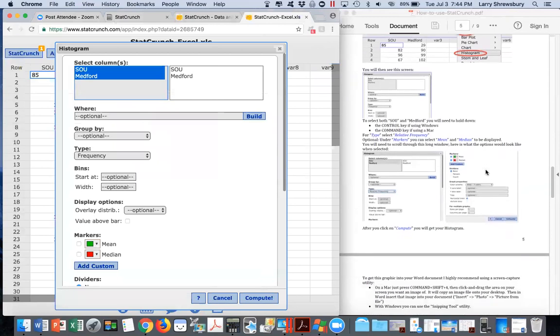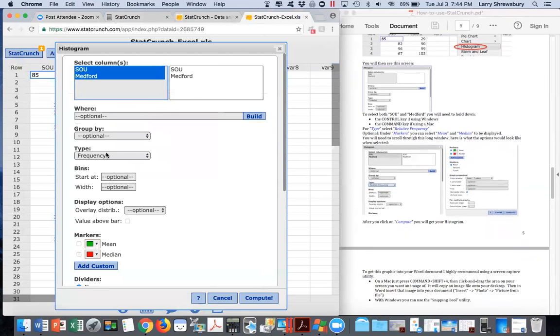And then let's see, now what do we do? Well, over here under type, instead of frequency, it would be a good idea to do relative frequency because one data set is bigger than the other. And using relative frequency or percentages means one isn't bigger than the other. They're going to be similar. It makes it easier to compare them with each other. But just following the instructions, you'll know to do that.